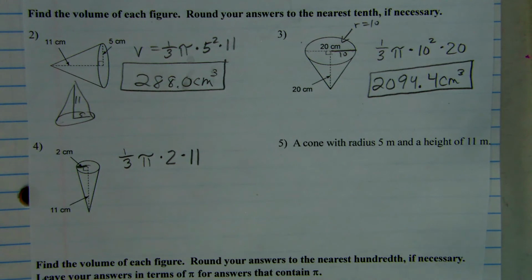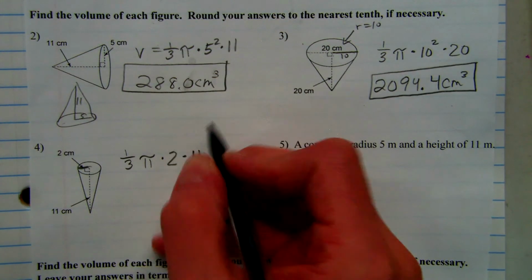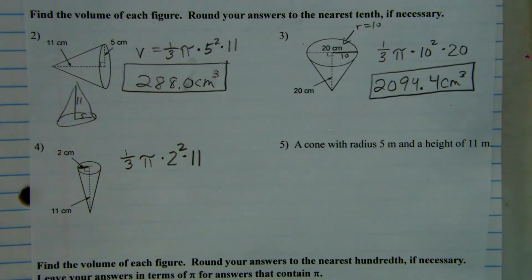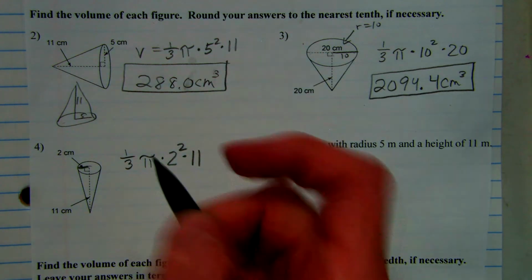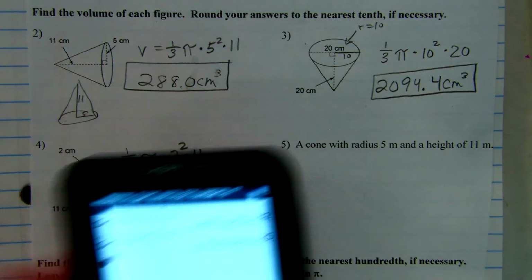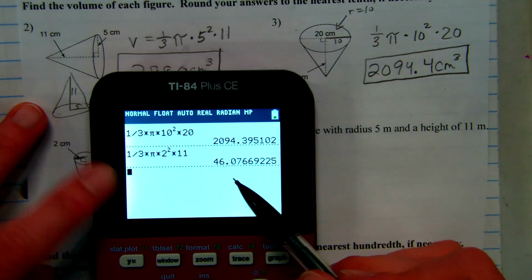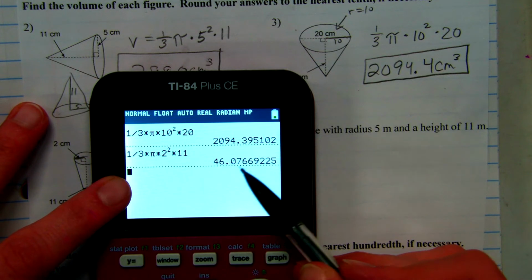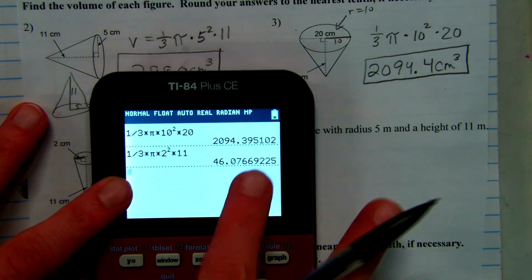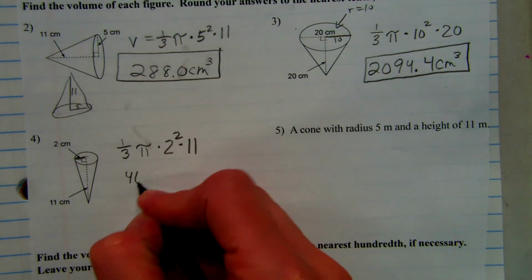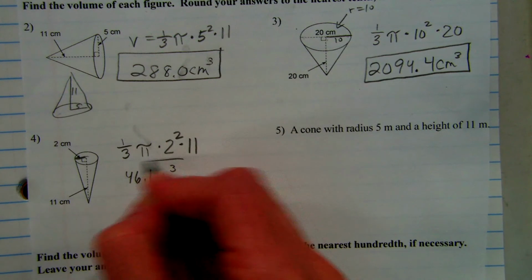So type in 1/3 times pi times 2 squared. I forgot the squared. 2 squared times 11. So if you forgot the squared, just take it times 2. And we end up with 46.07. So if we're rounding to the tenths, that'd be 46.1. And that'll be centimeters cubed.